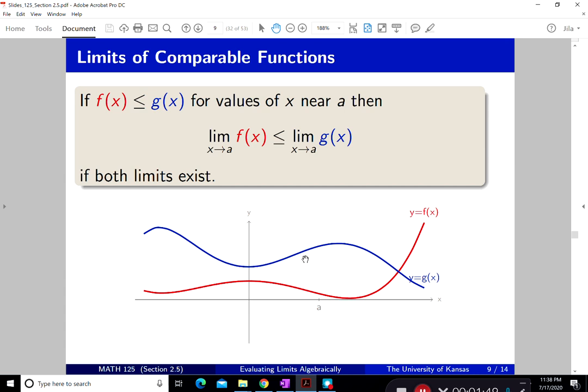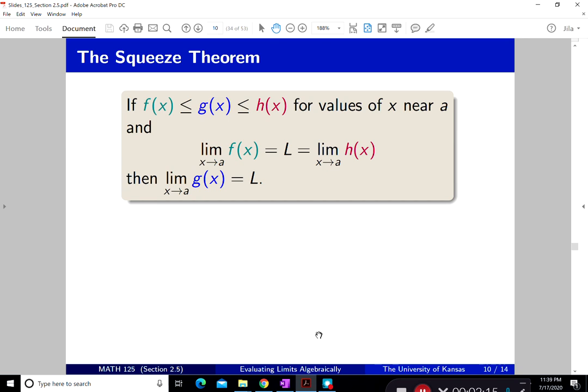And if you look at the limit of f of x as x approaches a, it's going to be right over here, and the limit of g of x as x approaches a is going to be right there, and that one is bigger than this one. This is the discussion of near: you choose some neighborhood around a and box everything, and in that neighborhood the inequality is correct.